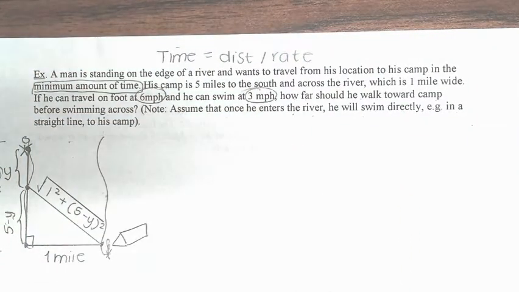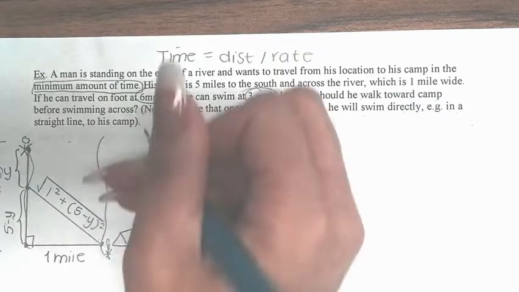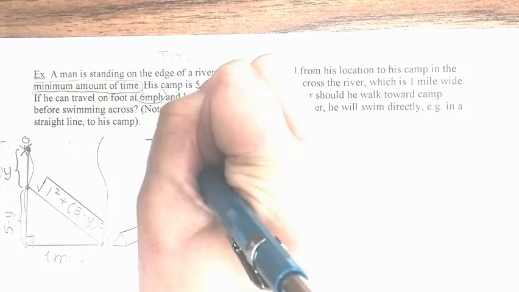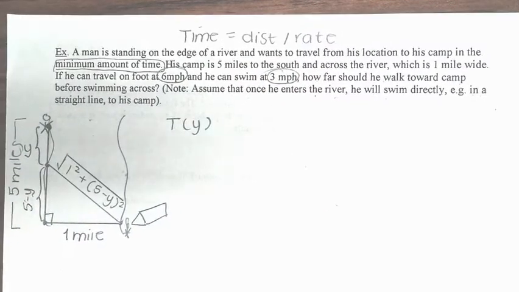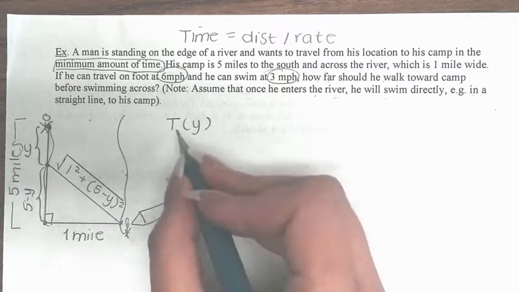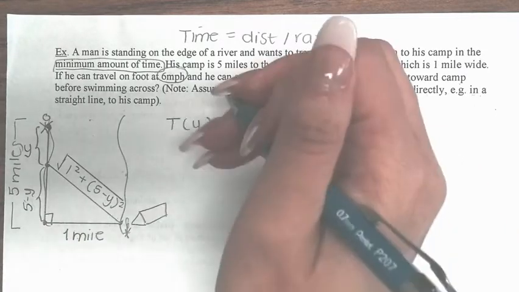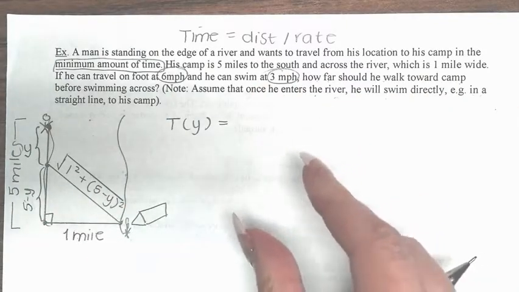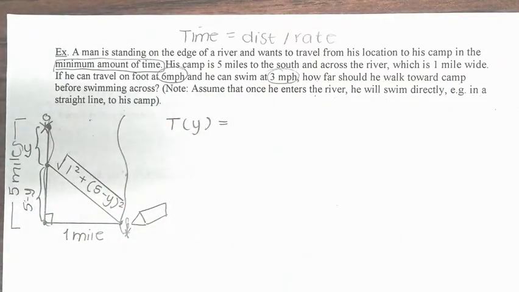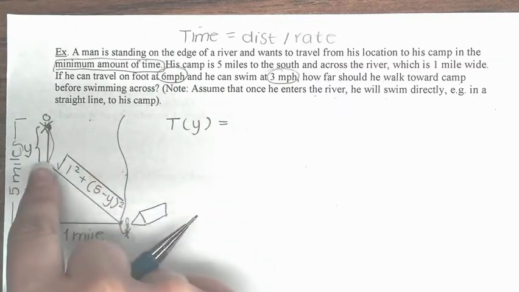Those two rates. Therefore, my equation here is going to be based on y's, because all this situation that I set up over here is based on y's. I mean, you can set it up with x's, but here I chose y. So t is going to be equal to the swimming piece and the walking piece. Let's start with the walking piece.